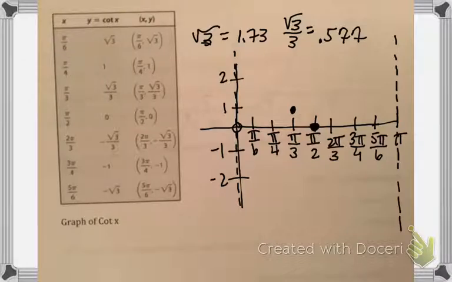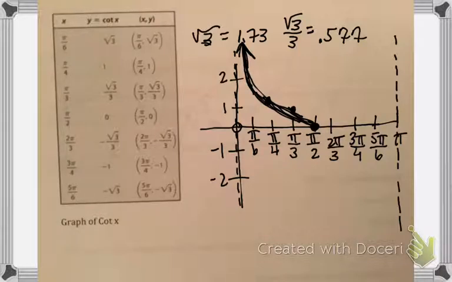And at pi over 4, it's positive 1. And then at pi over 6, it's radical 3, which is 1.7. So basically, what's going on with this is the graph should be smoother. That's just how I drew this, but it looks like that. Okay? All right, so let's see what happens on the other side.